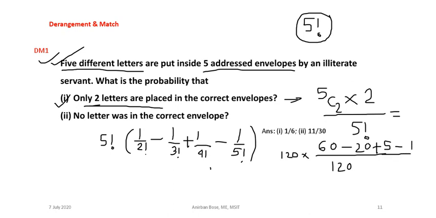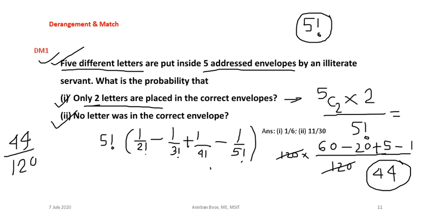Okay, so this 120 will cancel, and 60 minus 20 is 40, 40 plus 5 is 45, 45 minus 1 is 44. So 44 is the favorable case corresponding to the last problem. So if 44 is the favorable cases, then the probability will be 44 divided by the total number of outcomes, which is 5 factorial, 120. Now if you just reduce it, you will get the answer 11 by 30.